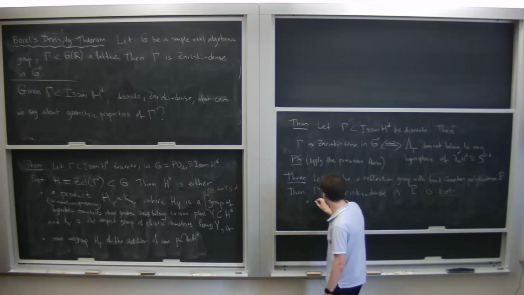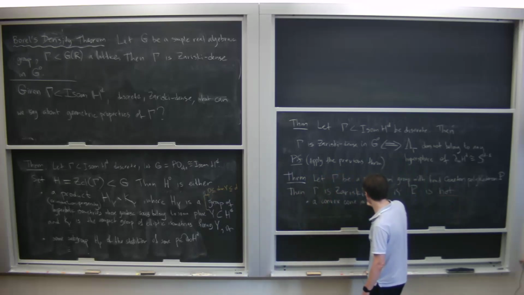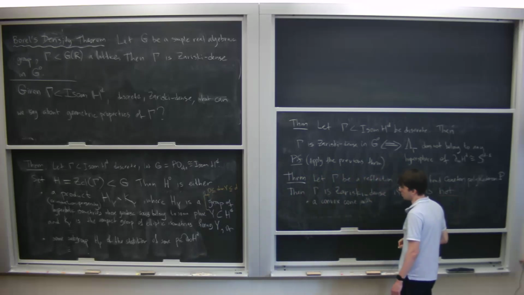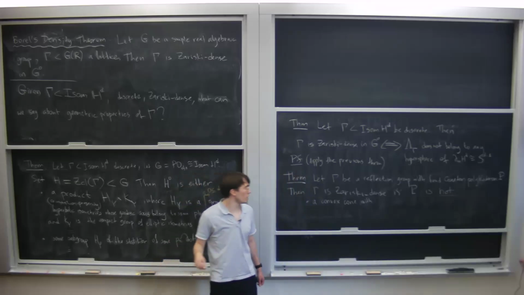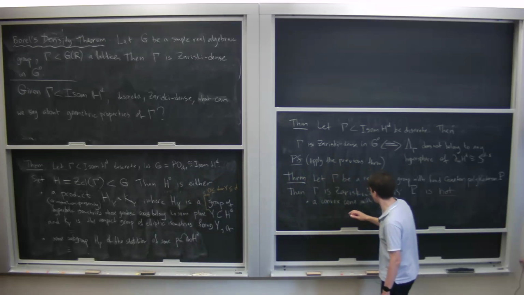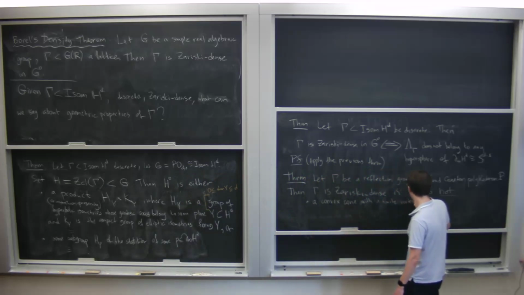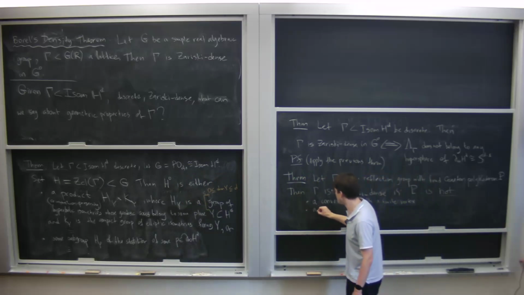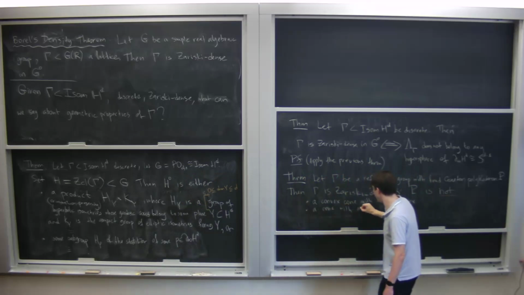So P is not a convex cone with a finite vertex, and it is not a cone with an ideal vertex.